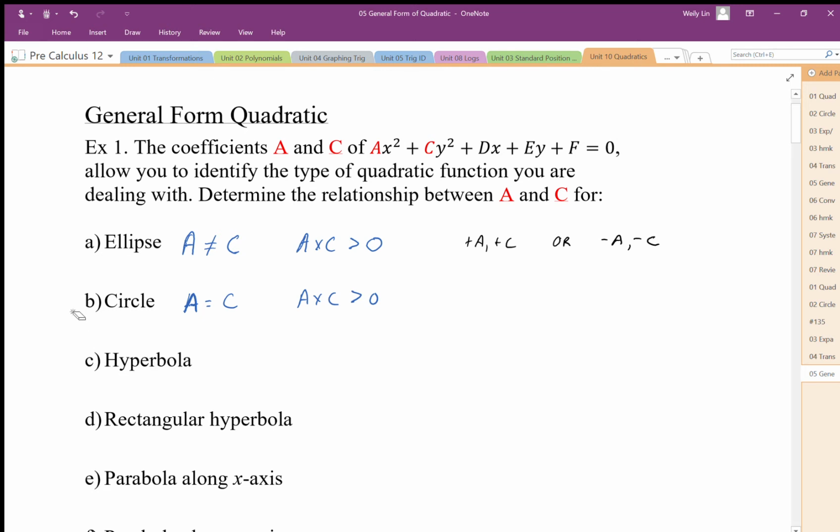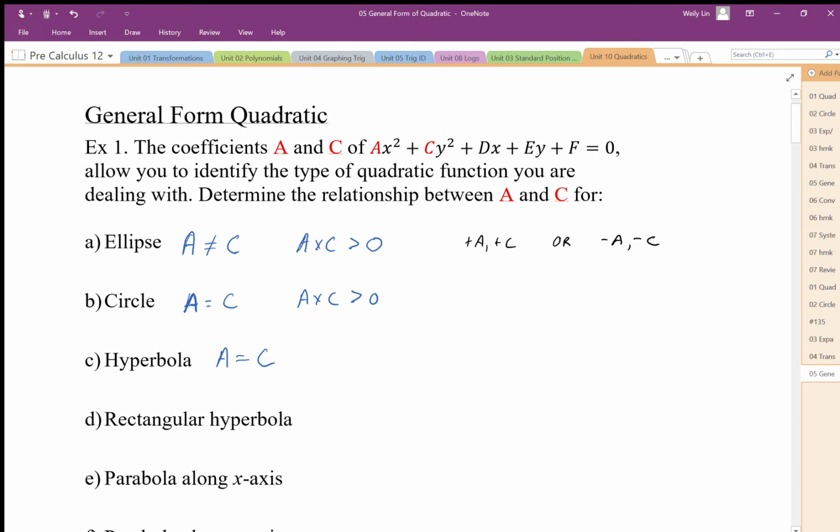Remember, hyperbola and ellipses go together. The rectangular hyperbola and circles go together. For a hyperbola, we want that to be asymmetrical, so we need A to be not equal to C again.